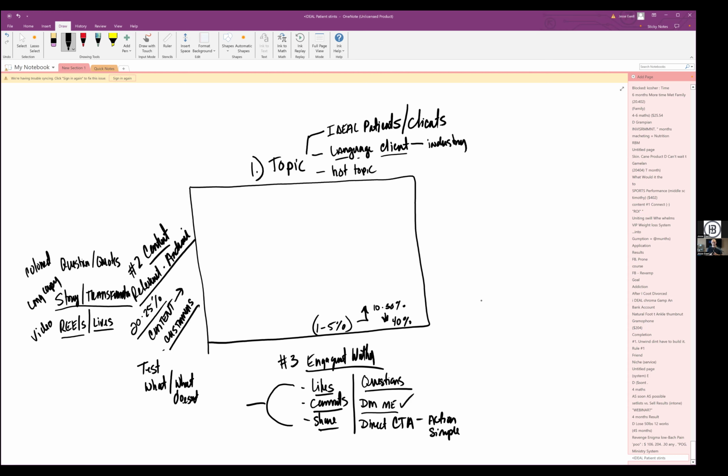Let's just say you had 1,000 friends: 1% is like 10 people seeing that, and 5% means like 50 people see that. The only way to get it beyond that and have more active people is to get more engagement on your actual content. Okay. Number 4 is conversion.